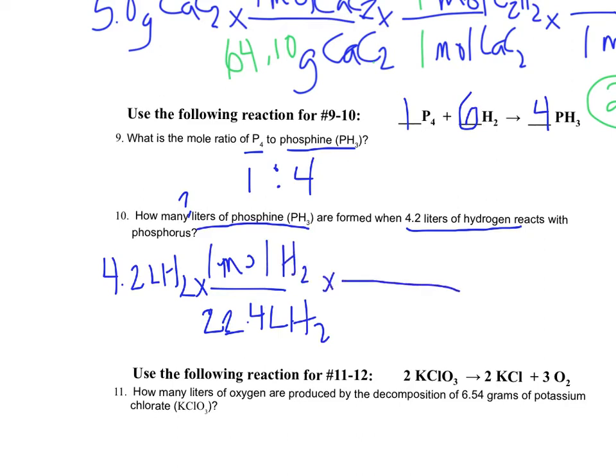Then that takes you into the mole step to convert it from hydrogen gas, substance A, to substance B of the PH3. In front of PH3 was a 4 to balance the reaction. In front of the H2 was a 6.